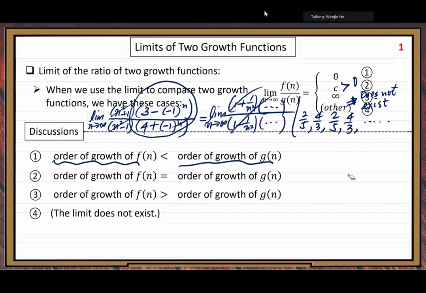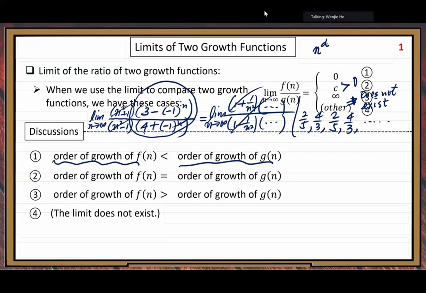When we have a power function, the form of power function is n to the d. The variable n is the variable. The exponent d is a fixed number, a fixed constant.